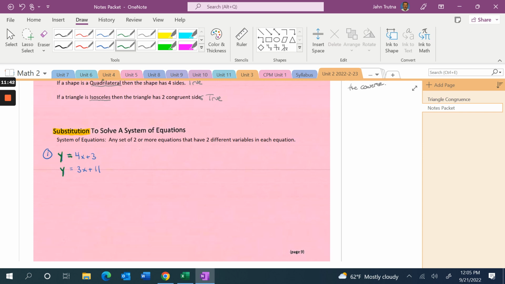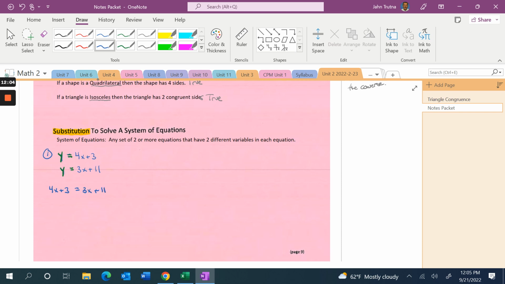The 4x + 3 is equal to y, and the 3x + 11 is equal to y. So that tells me that 4x + 3 is equal to 3x + 11.